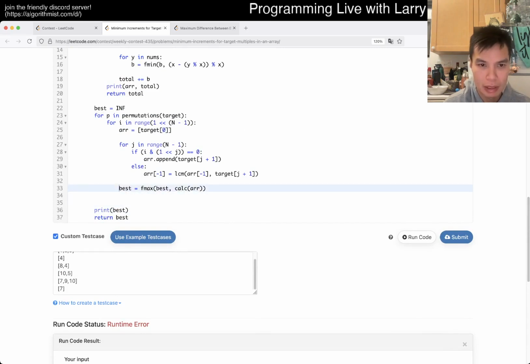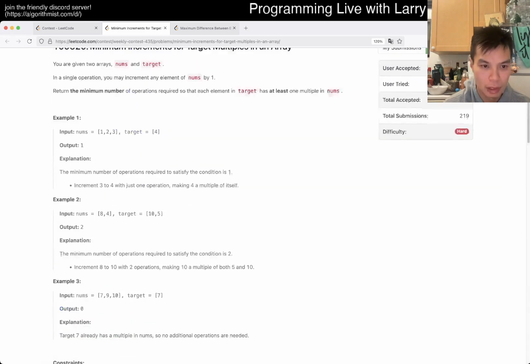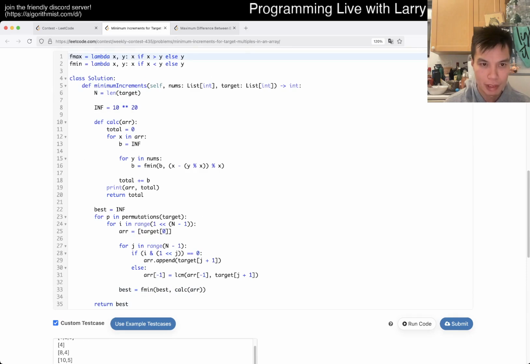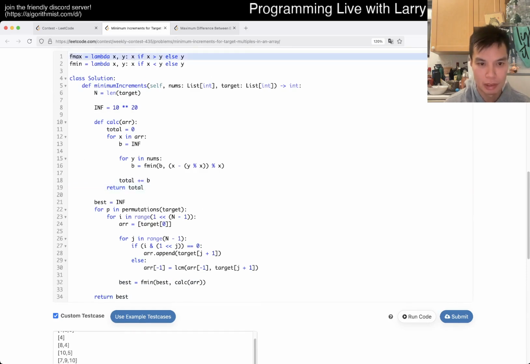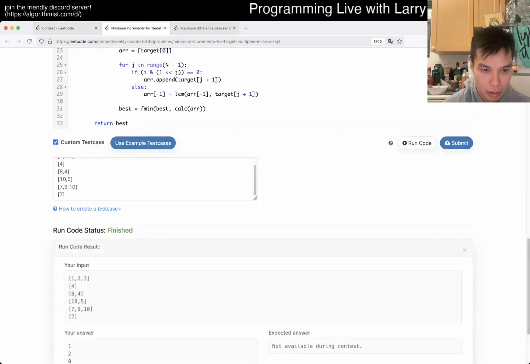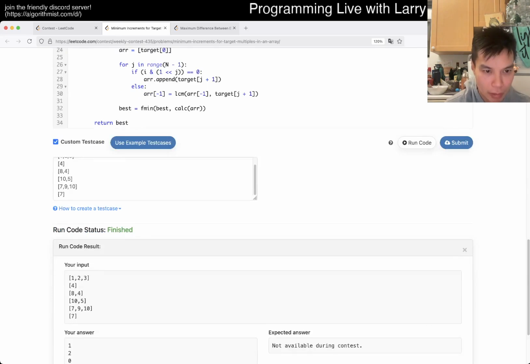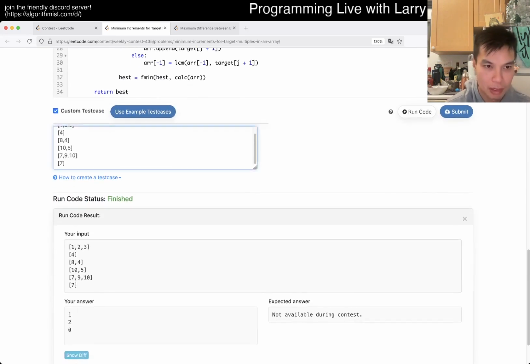Why did I roll max? Okay, 1, 2, 0. Okay, that looks good. I guess having 4 numbers is the worst case, right? So okay, then maybe we can just say we do have a 4 number case. It doesn't really matter, I suppose.